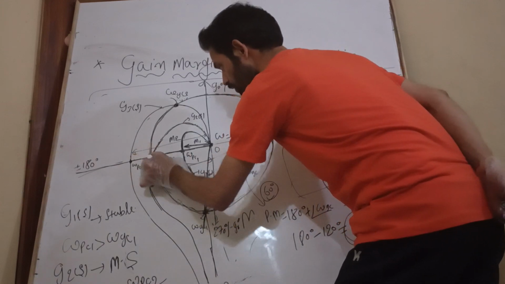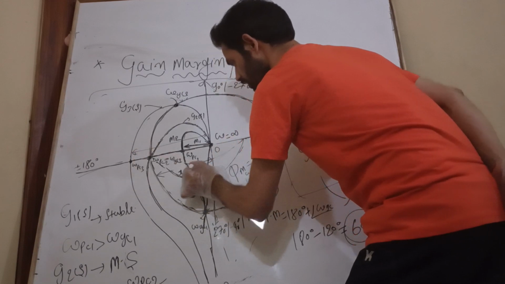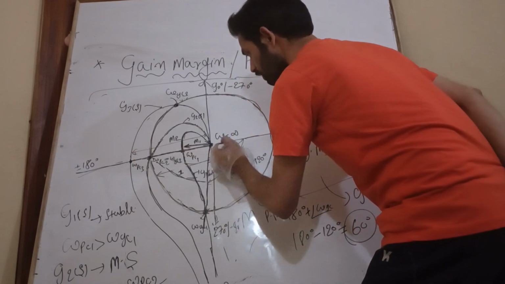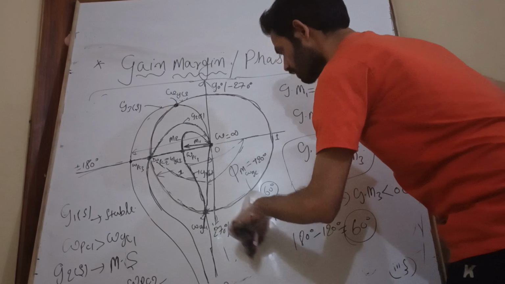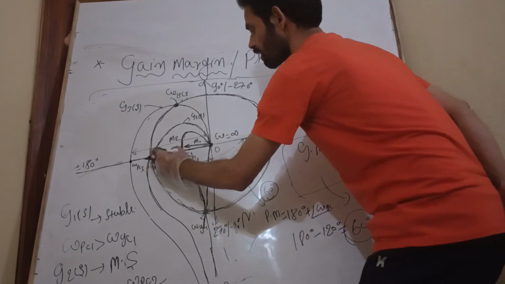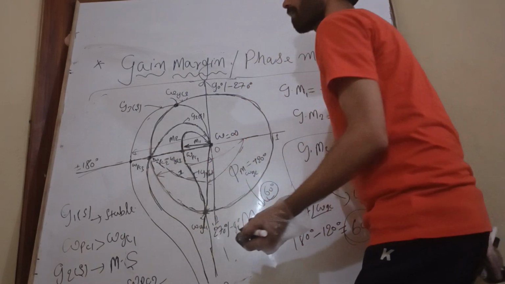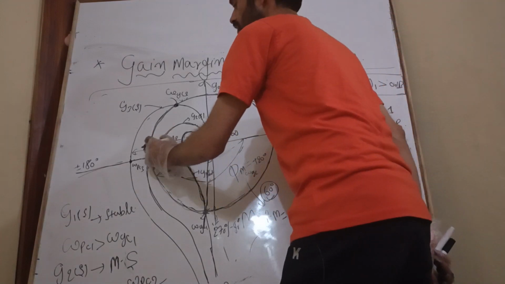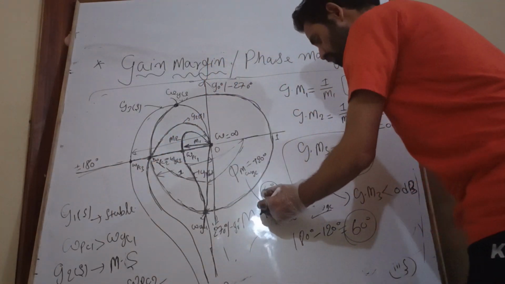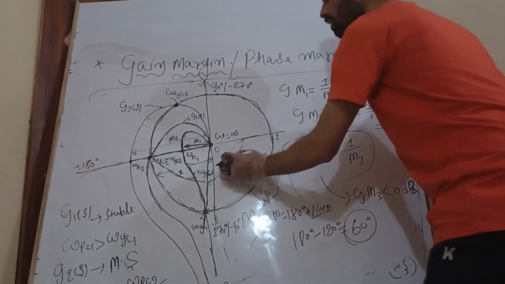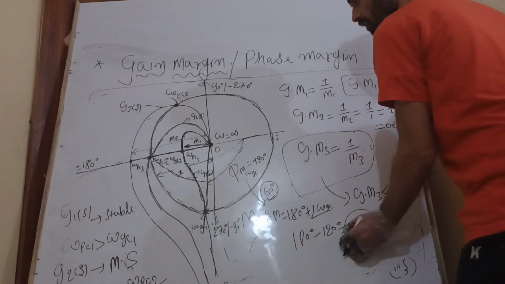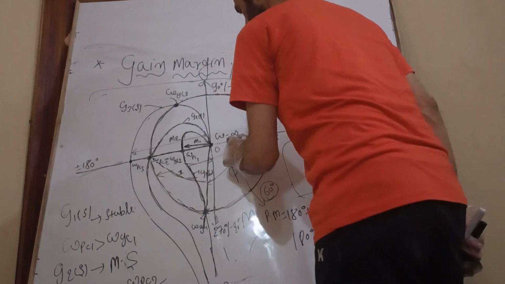Just see where it is cutting here: 180 degree. 180 degree minus 180 degree is 0, so the phase margin here is 0 degree. Phase margin of 0 degree means it is marginally stable. Phase margin greater than 0 means it is stable.